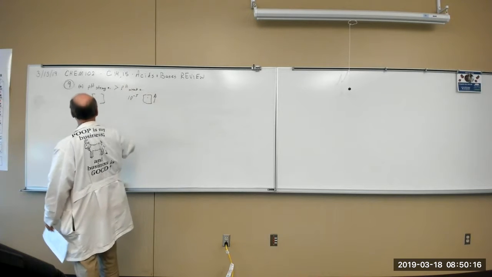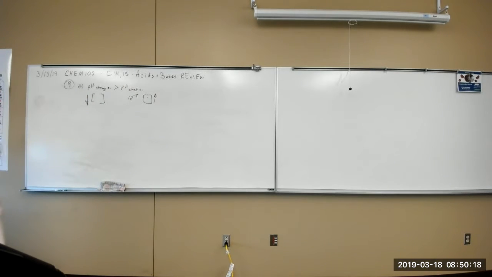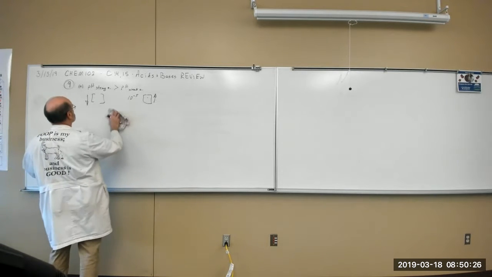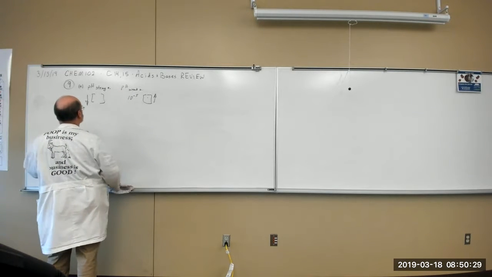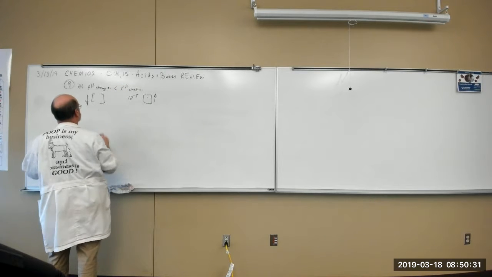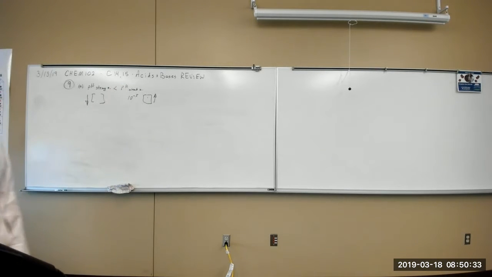I got that backwards. Oh, no, I did have it right. The pH of a strong acid is always less than. No, a strong acid can be greater than. Well, which number are we talking about?